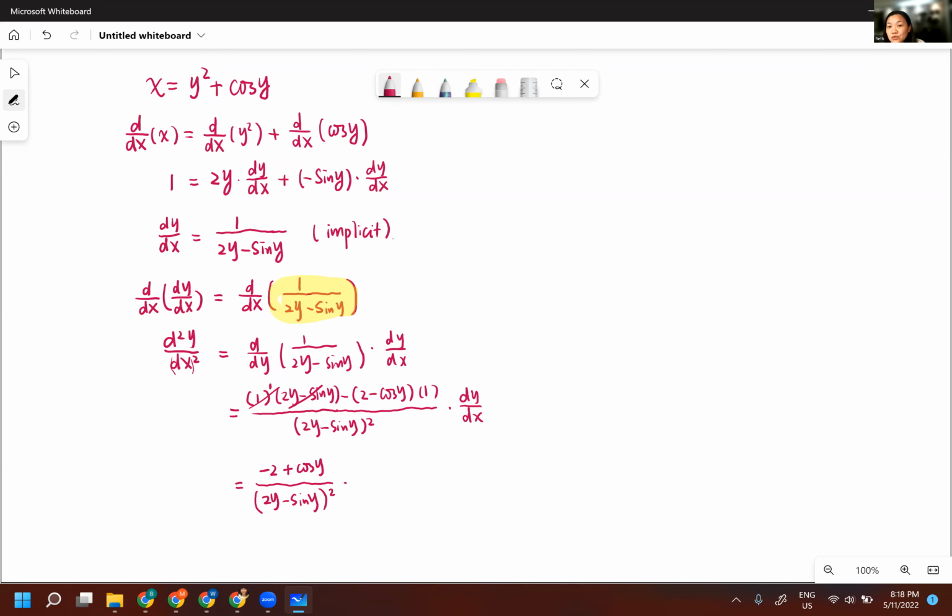So what you do is you do not leave dy/dx there. You will copy the answer of dy/dx and write it there. And then your final answer is -2 plus cosine y divided by (2y minus sine y) bracket cubed.